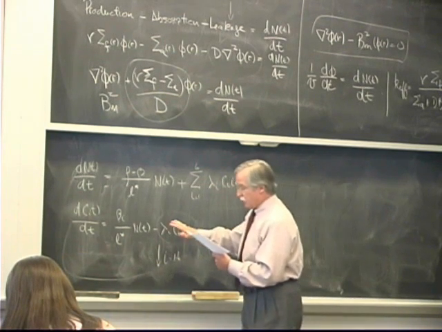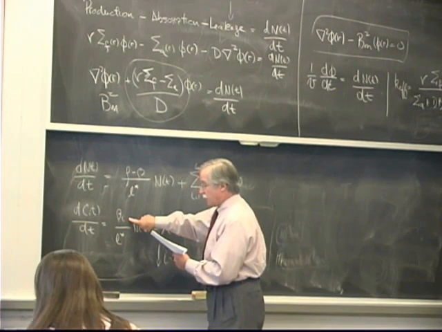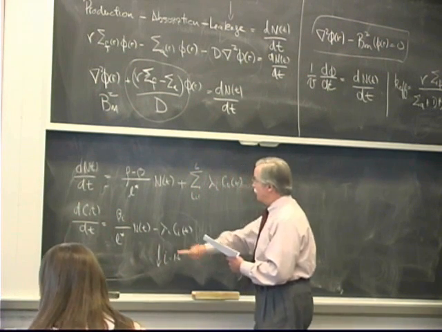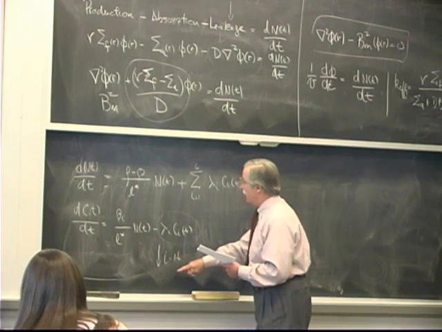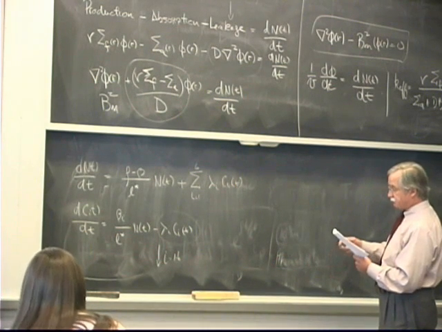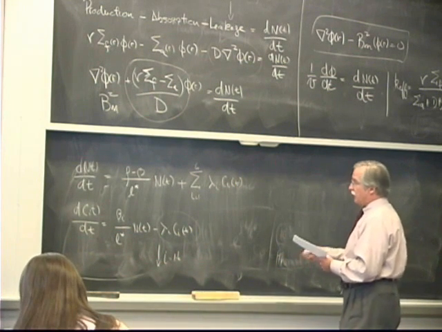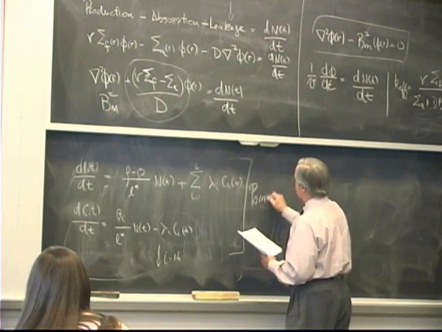So again, repeating, this is the mean neutron generation time, the delayed neutron fraction, number density of neutrons, precursor concentration, decay time, and the rest I think we're pretty good with. Now these are called the point kinetics equations.